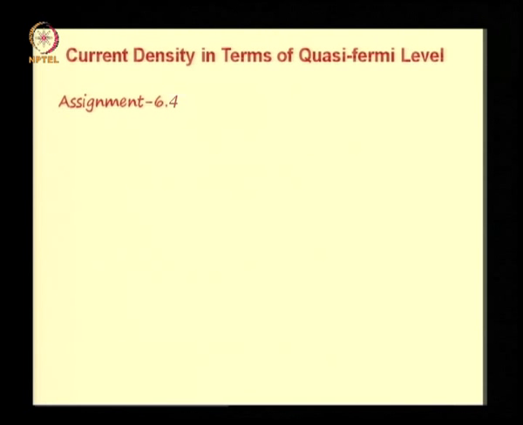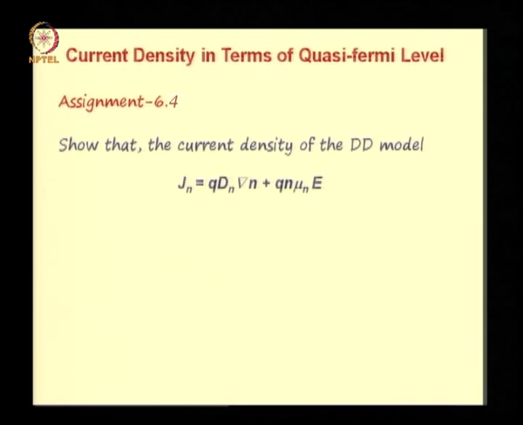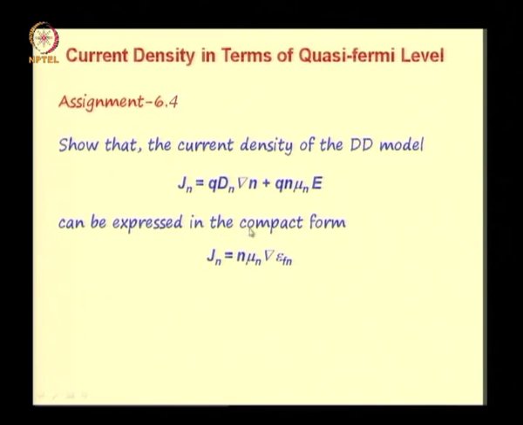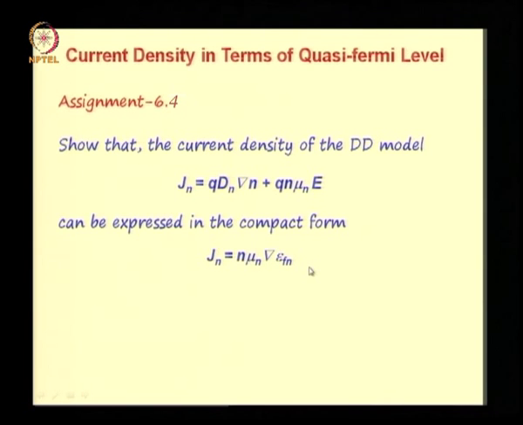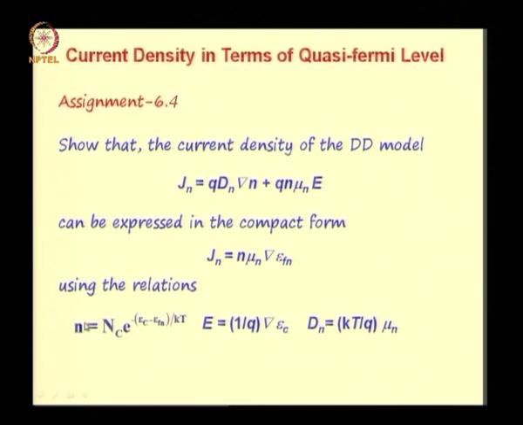Here is an assignment: current density in terms of quasi-Fermi level. Show that the current density of the drift diffusion model, Jn equal to q Dn grad n plus q n mu n E, can be expressed in the compact form Jn equal to n mu n grad EFN, using the relations n is equal to Nc into exponential of minus Ec minus EFN by kT, and E equal to 1 by q gradient of Ec, Dn equal to kT by q into mu n.